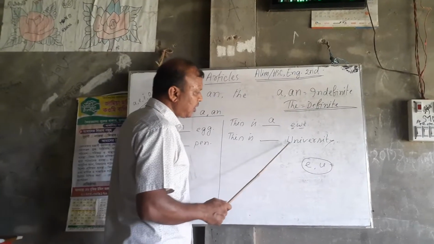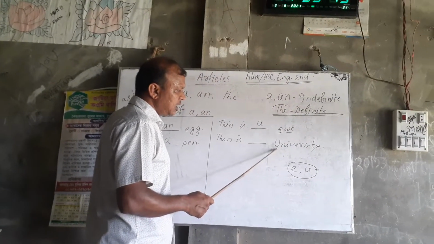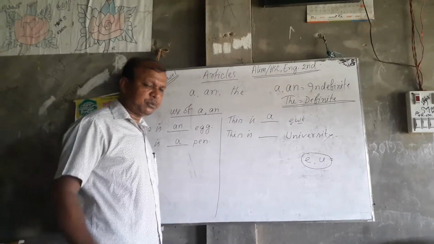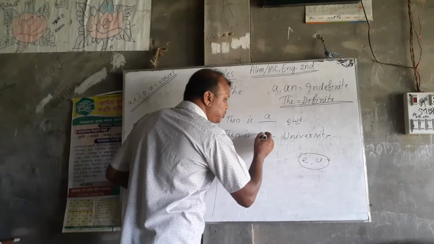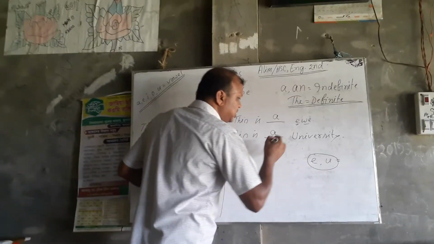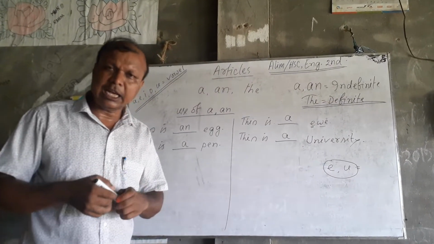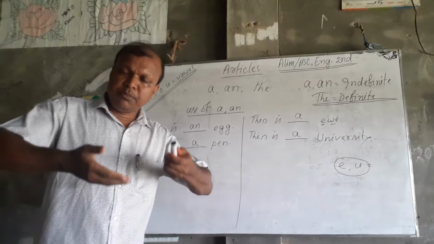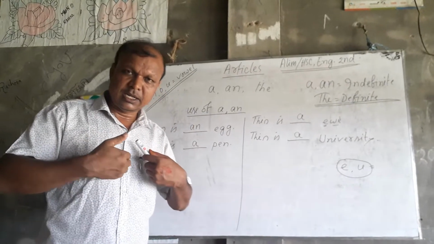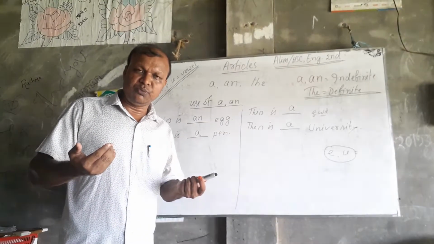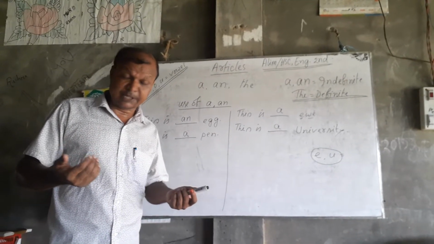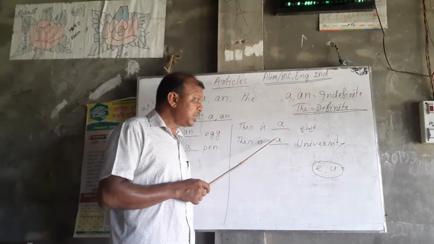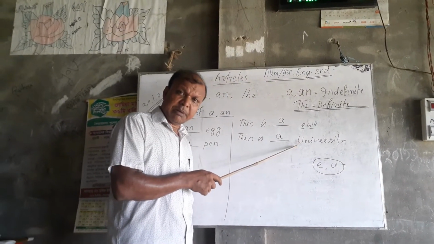If the pronunciation of the letter U is "you", then we have to put A instead of An. I have told you before that we have to put An before a vowel.